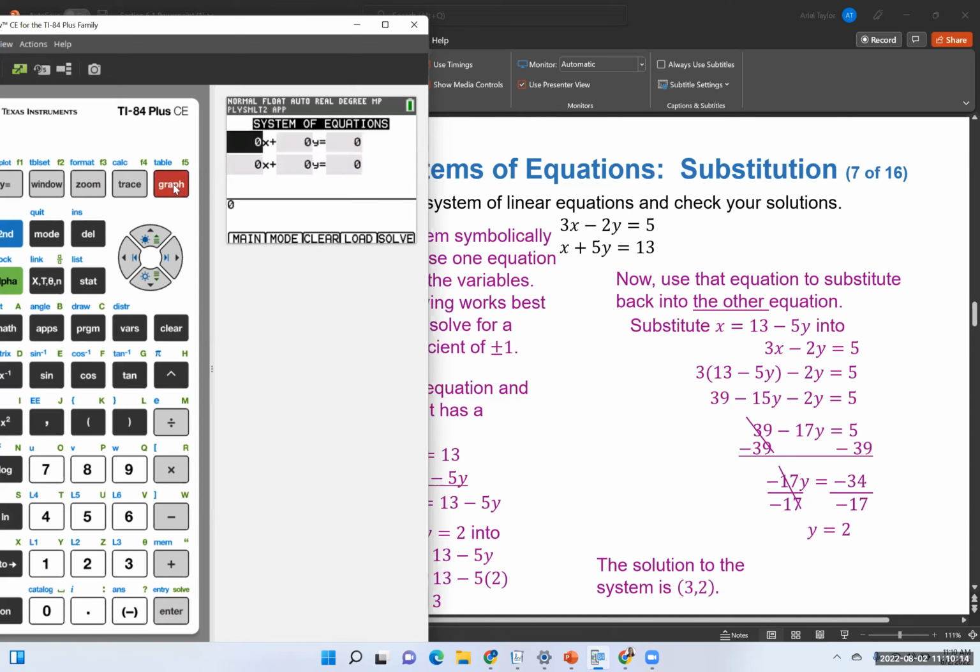I'm literally gonna only type in numbers, okay? The numbers that I see, okay? And I'm gonna show you how to do this a different way than what I just showed you. So bear with me. 3. Now, my calculator allows me to change that plus to a minus.